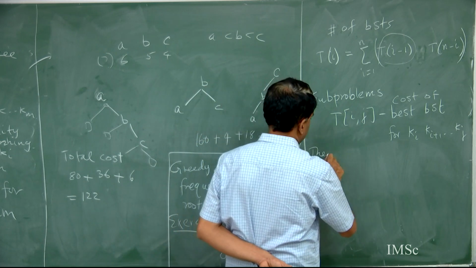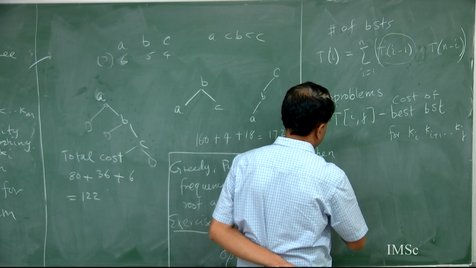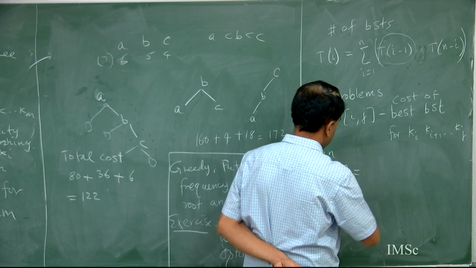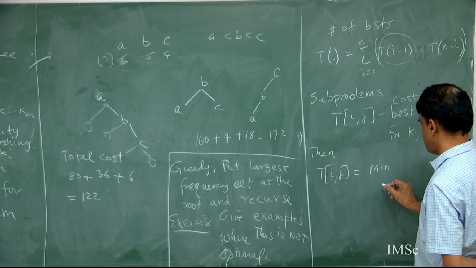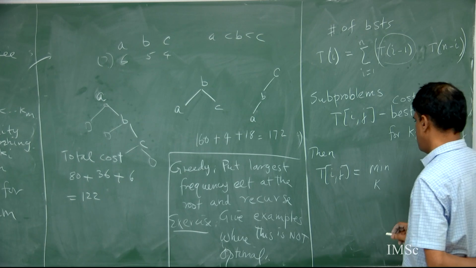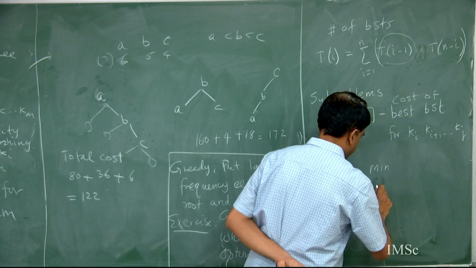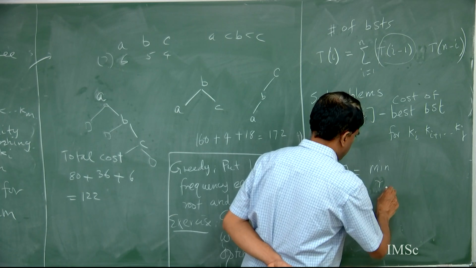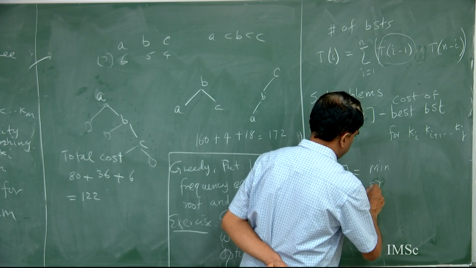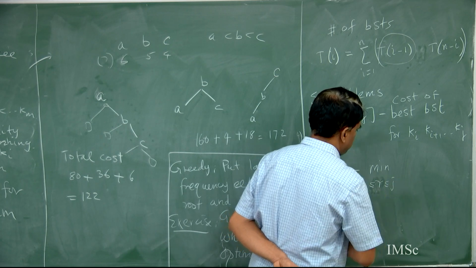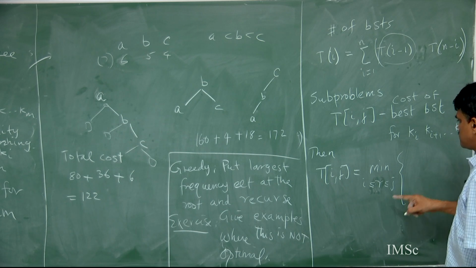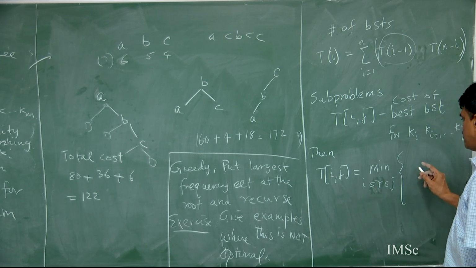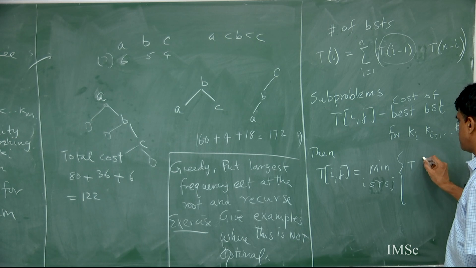Then what is the recurrence? T of i,j is equal to the minimum over some root r, where r ranges from i all the way up to j. Once I pick r as the root, then I look at i to r minus 1.